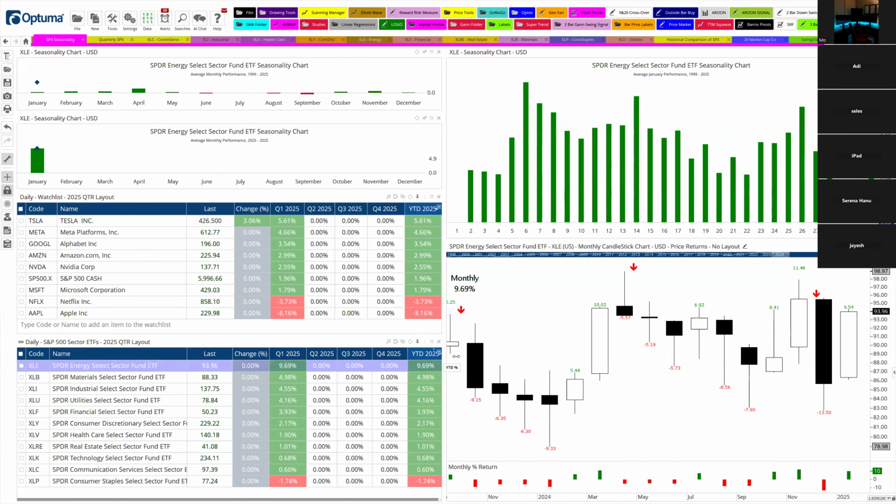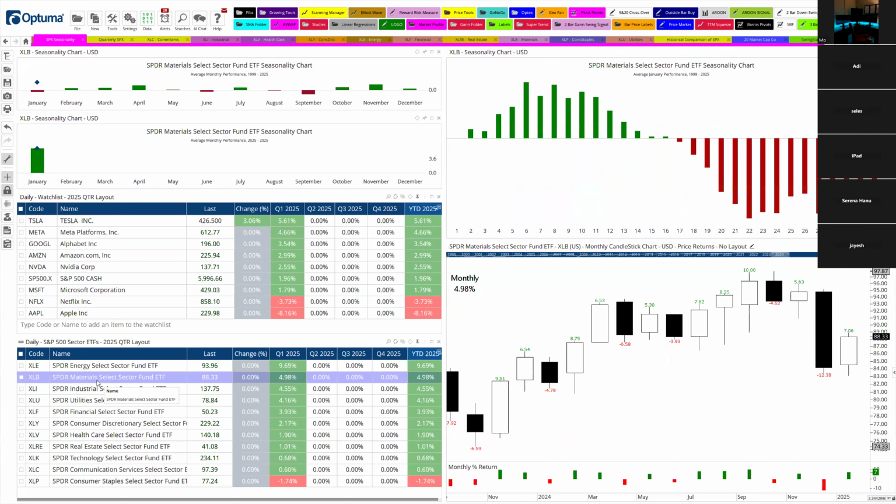Energy is the one leading right now. We have materials, it's half and half. The sectors don't have enough, the very low ATR stocks, like 1 or 2 points. Those are very hard to fight with options.